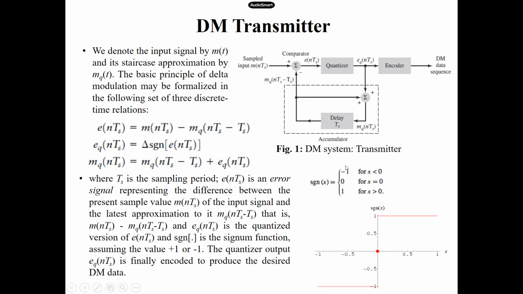The signum function, which we did in signals and systems also, assumes the values plus or minus 1 only. There should be a value for 0 also, but we are not assuming that value for the signum function. The quantizer output eq(nTs) is finally encoded to produce the desired DM data.